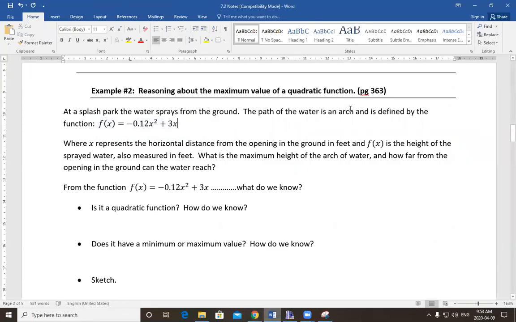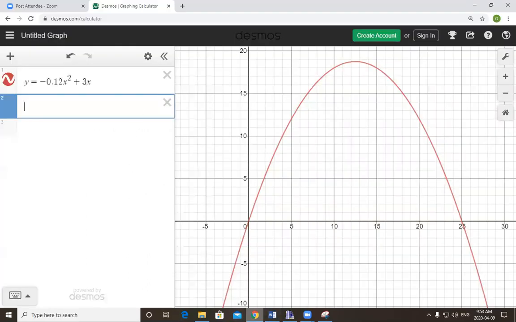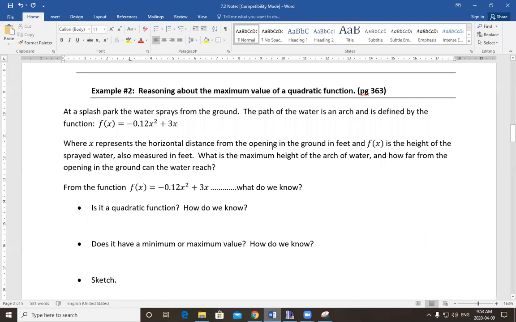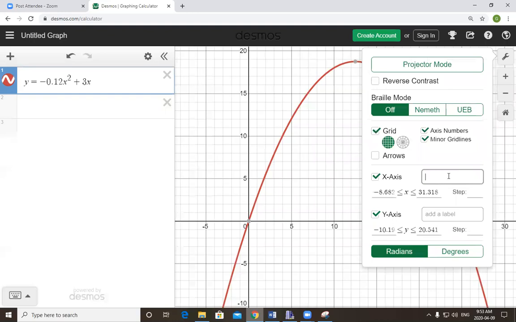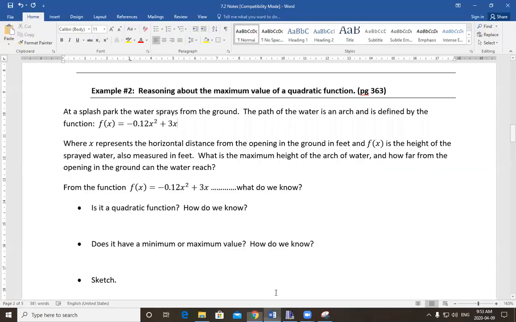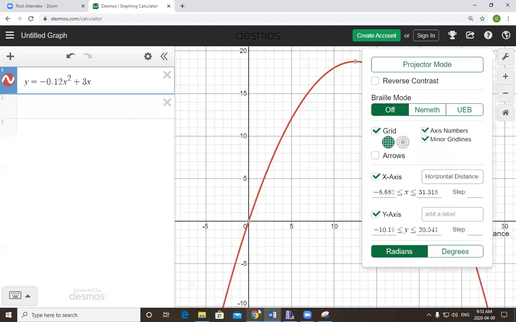Okay, so the path of the water is an arch. Well, we can definitely see that. There's the arch there. It's a parabola. Oh, it's got a vertex already. We can click on it. X represents the horizontal distance from the opening. And the Y represents the height, which is the vertical distance of the water.